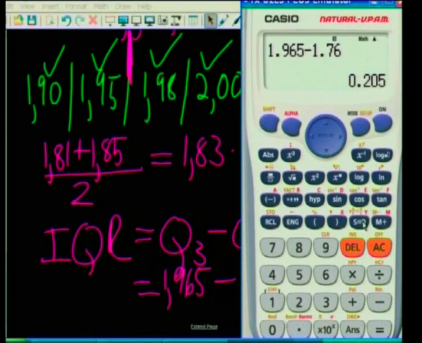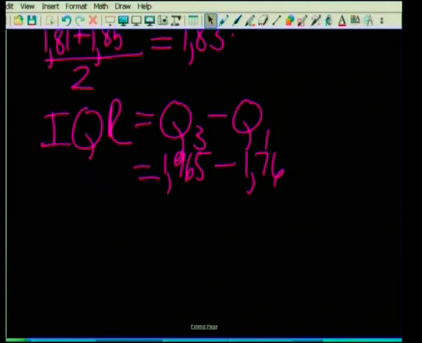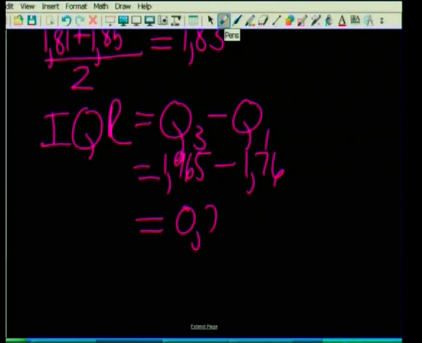And my IQR, or my interquartile range, is 0,205 meters. Let's write that down. 0,205 meters. It's actually very important, guys, that you put the units.